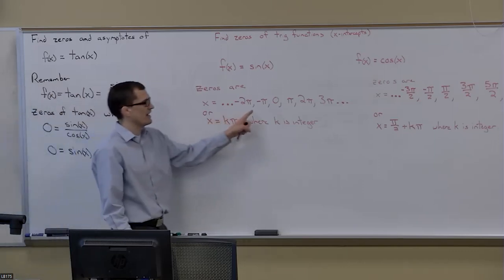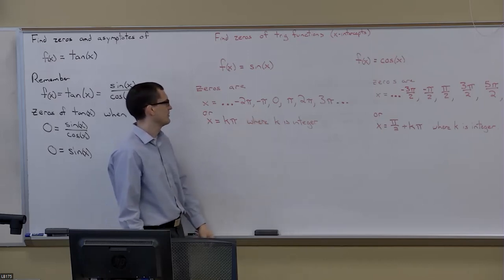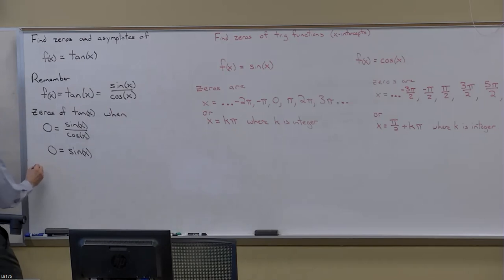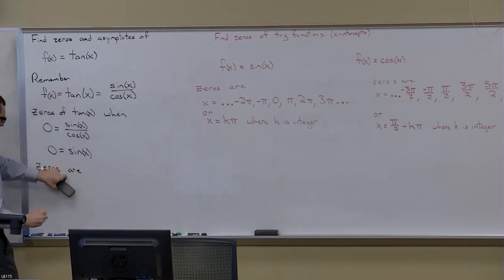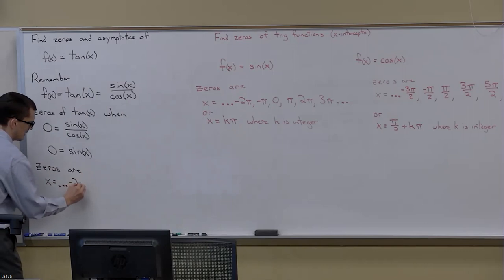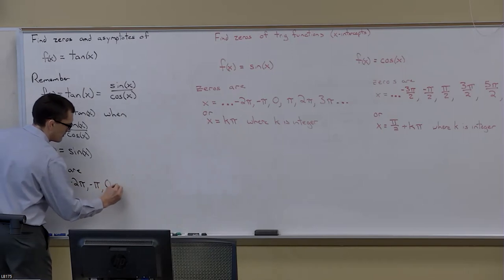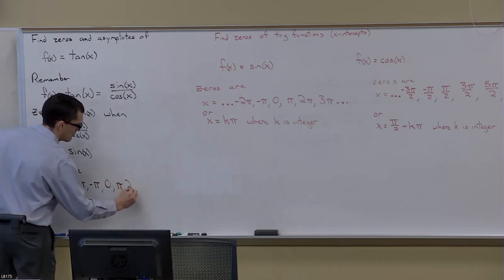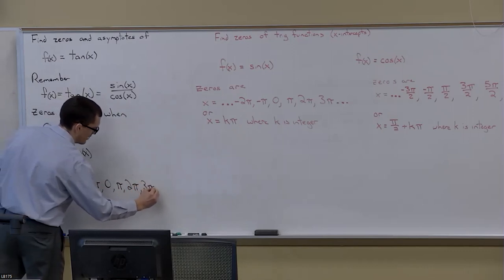We already know when sine is 0. So all we have to do is say the zeros are x is equal to negative 2 pi, negative pi, 0, pi, 2 pi, 3 pi, instead of writing integer times pi.